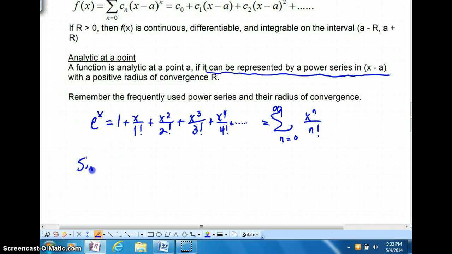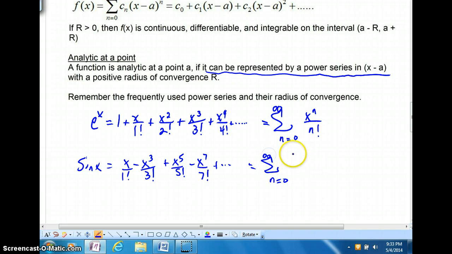Might wonder, what about sine of x? Well, sine of x was x minus x cubed all over 3 factorial. By the way, down here you can even say 1 factorial for your x, plus x to the 5th over 5 factorial, minus x to the 7th over 7 factorial, and so on. Well, what would this look like in terms of sigma? Well, you can see it's alternating. You're going between positive and negative values of your terms.